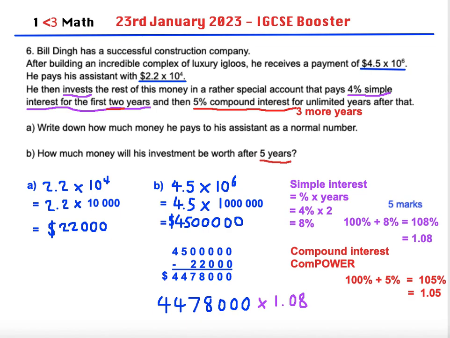So our multiplier is going to be 1.05, and rather than timesing it by the number of years, for compound interest, we put it to the power. Compound, compower, so it's times 1.05 to the power of 3. Now this is a job for the calculator, so we can enter this into the calculator, and we get $5,598,552.33. Obviously, with money, you've always got to remember that it's necessary to write 2 decimal places.